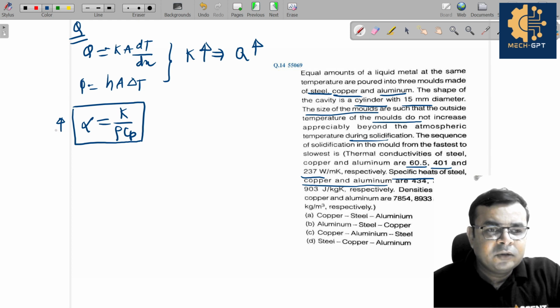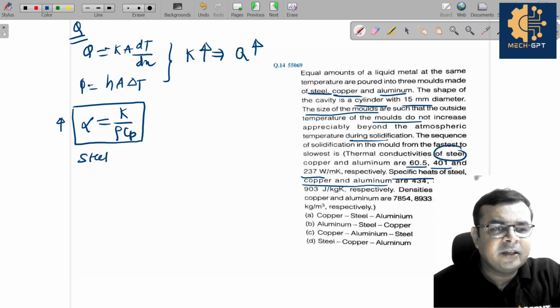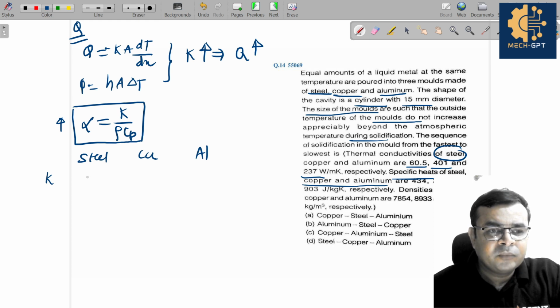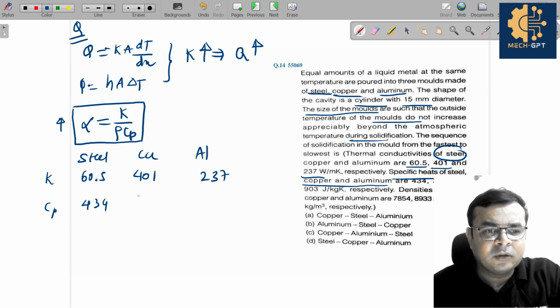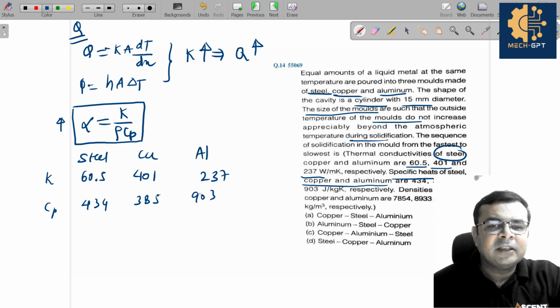Is it clear? So here we have three metals: steel, then copper, then aluminum. The value of K for steel is 60.5, for copper 401, and for aluminum 237 in watt per meter Kelvin. The specific heat for steel is 434, for copper 385, and for aluminum 903.